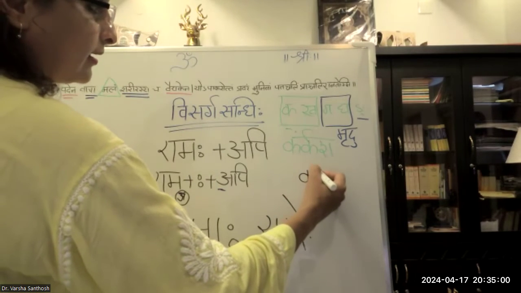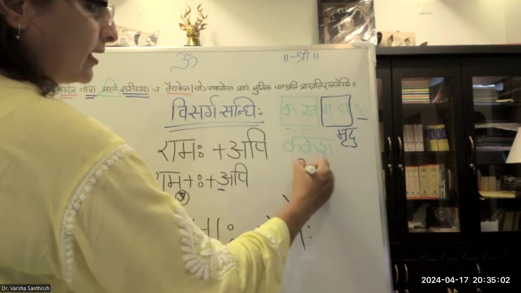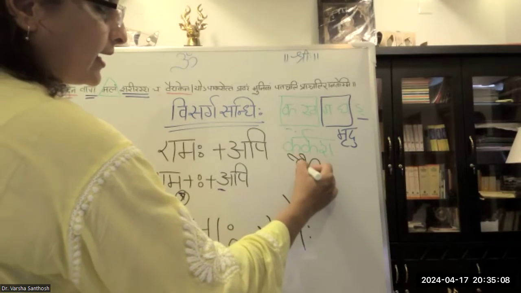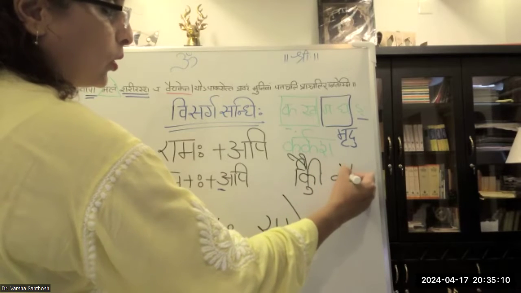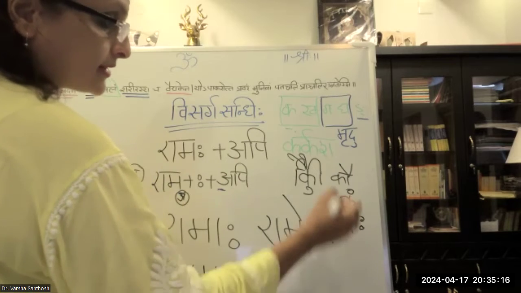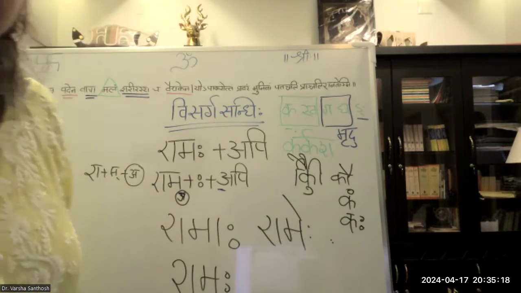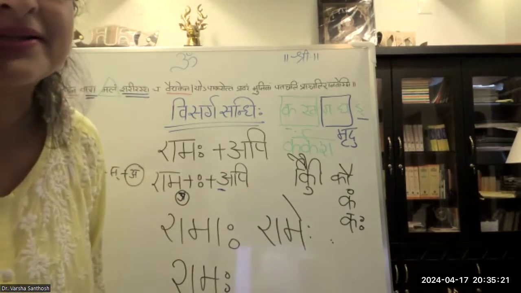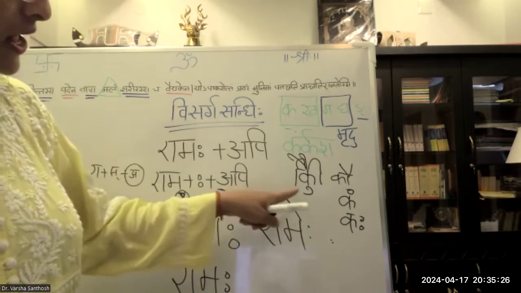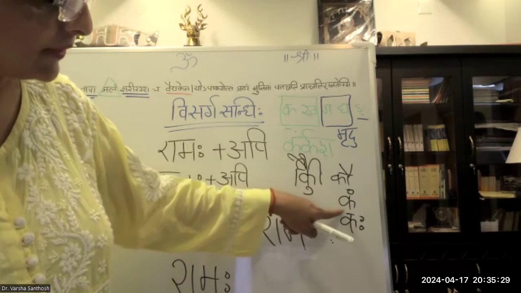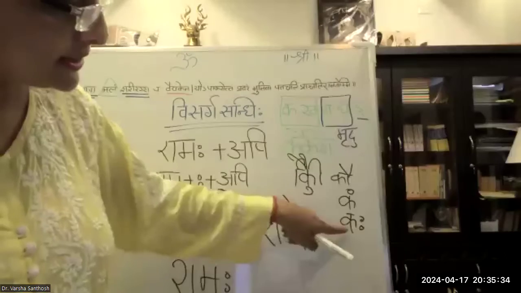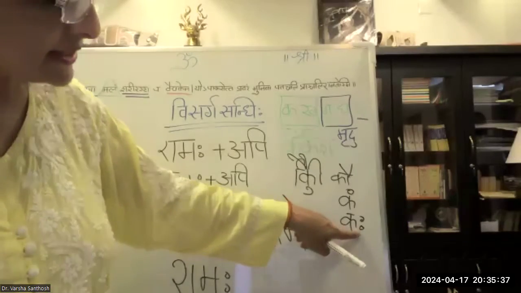Ka, ka, ki, ku, ke, kai, ko, kau, kam, kaha. It is happening on that. Anuswara and visarga are not part of the swara. Now, this kam and this kaha: because this is kept on a ka, we are saying it as kam. Because this is kept on a ka, we are saying it as kaha.